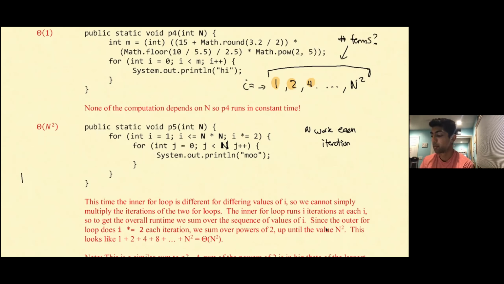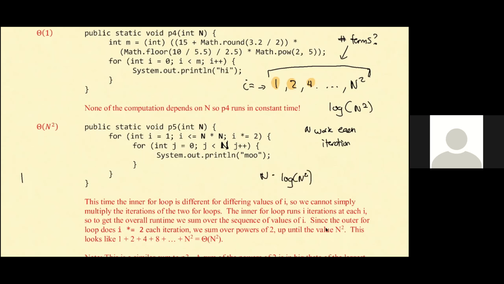So the total number of terms in the sum is log of n squared. If we have log of n squared terms, that means we're doing log of n squared iterations. If we're doing log of n squared iterations and each iteration we're doing n work, the total runtime is n times log of n squared.